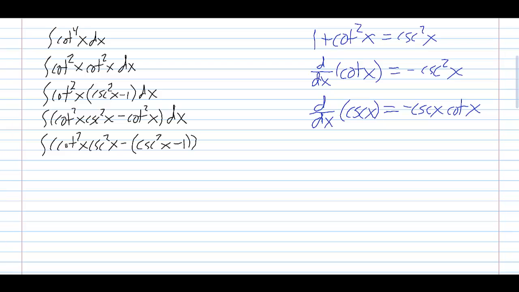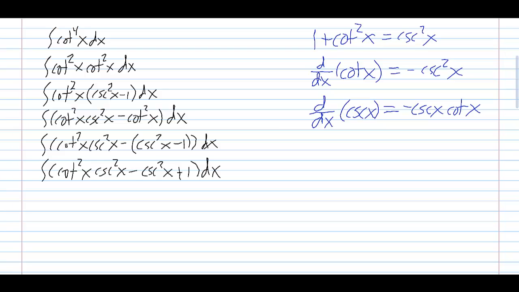And if I go ahead and distribute that negative, I have cotangent squared x cosecant squared x minus cosecant squared x plus 1 dx.